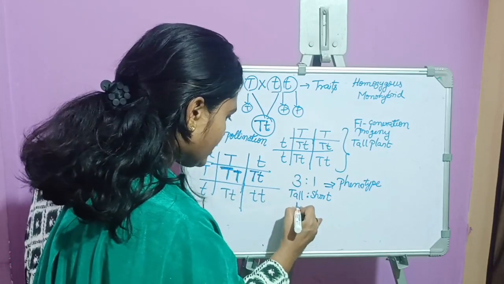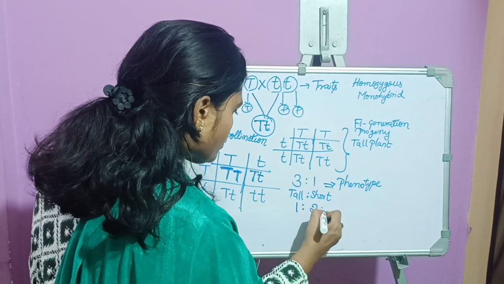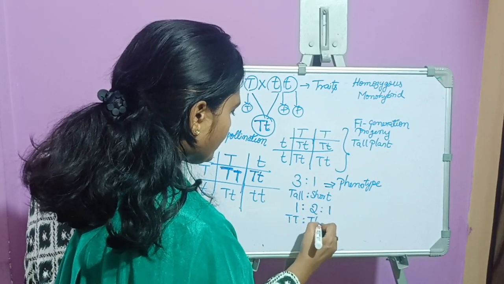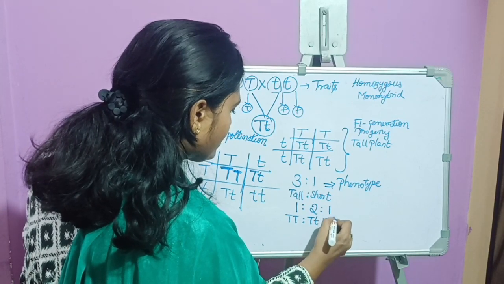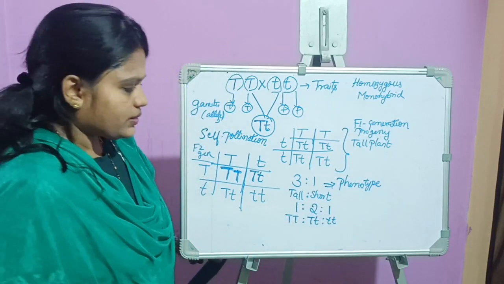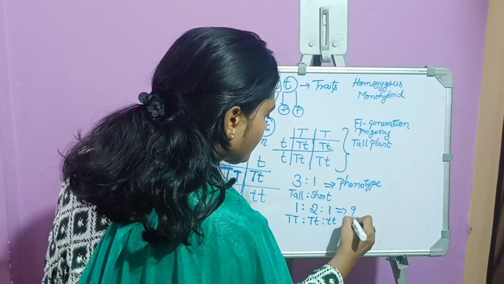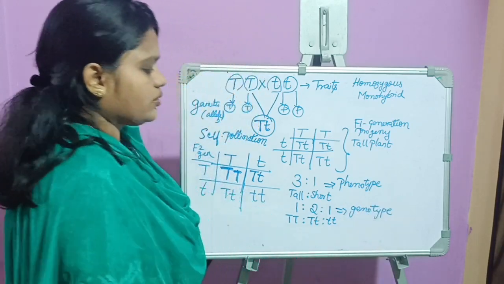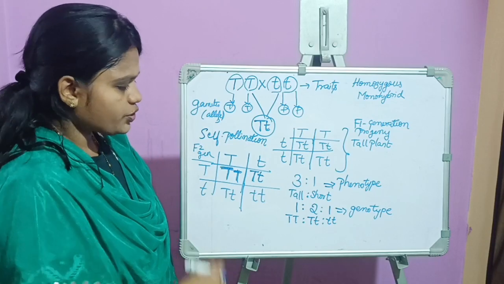So it is 1:2:1: one TT, two with capital T and small t, and one with both small t. This ratio we call the genotype, the genetic material in the traits.